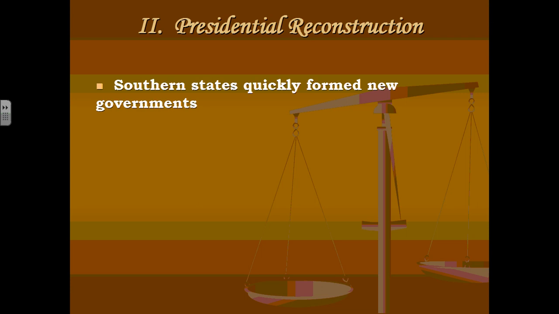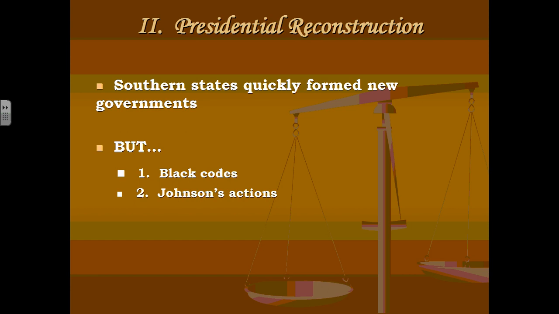Southern states quickly formed new governments. These governments, as far as Southerners were concerned, were moderate. And they were mainly led by people who had been Unionists in the late 1850s, but who had been shouted down by people who had wanted secession. But Houston, we have a problem. There were two problems.